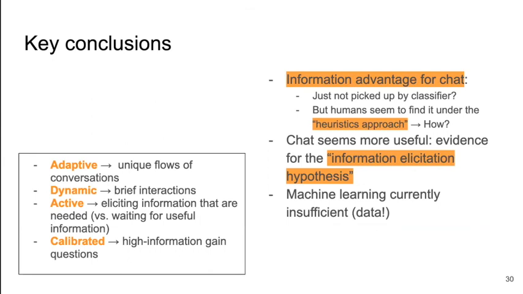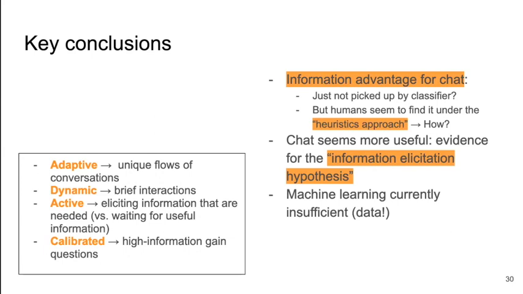Now, to wrap it up, there seems to be this information advantage for the chat. It might be that it's just not picked up by the classifier, although we have to admit that for proper machine learning, it's very little data that we have. But the humans seem to find this. So the humans seem to be able to make use of the chat information, especially if you give them the specific versus vague dimension to judge on.